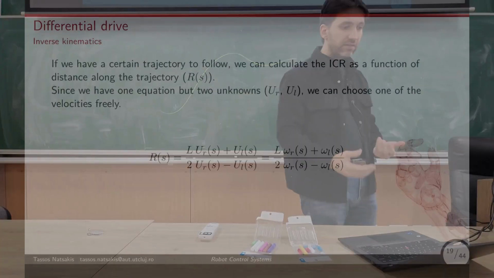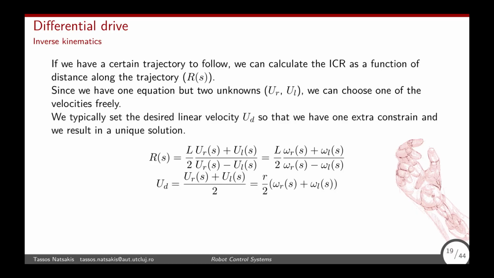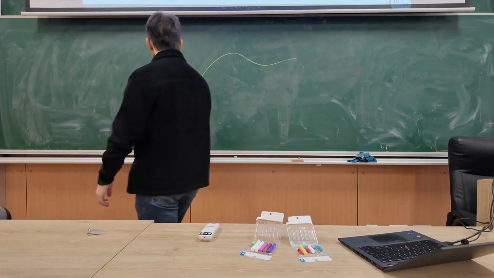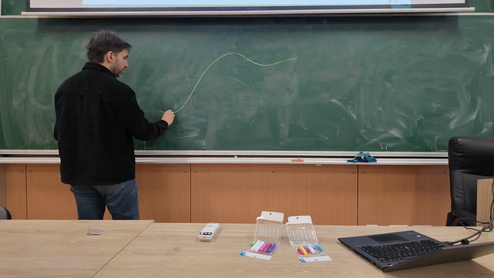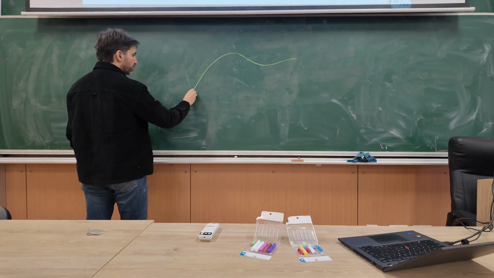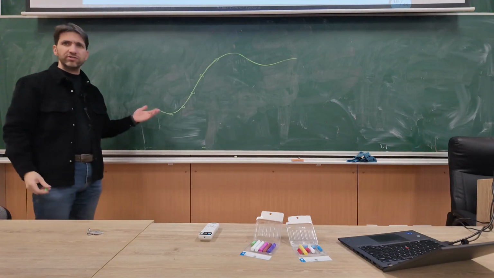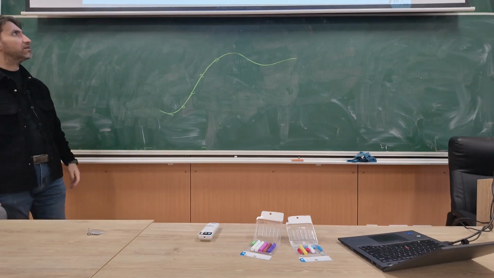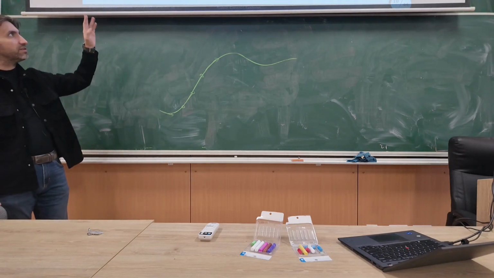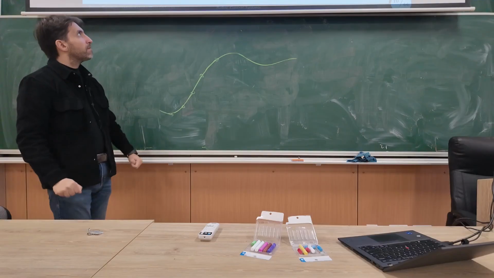I can say I have a desired linear velocity for the robot, U desired, UD. I have a certain linear velocity that I want the robot to constantly respect. It doesn't even have to be constant. It can change along the trajectory. I put it as a constant here, so it's not a function of S.